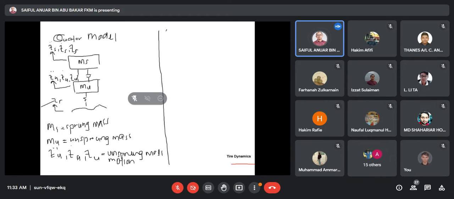And we have ZS double dot, ZS dot, and ZS, which is the sprung mass motion. When I say sprung mass motion, we're referring to the acceleration, velocity, and displacement respectively.